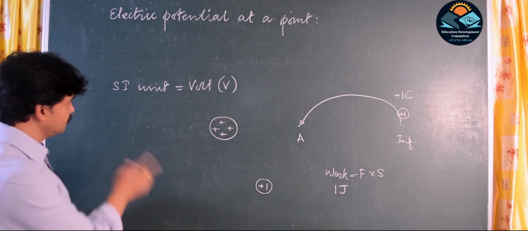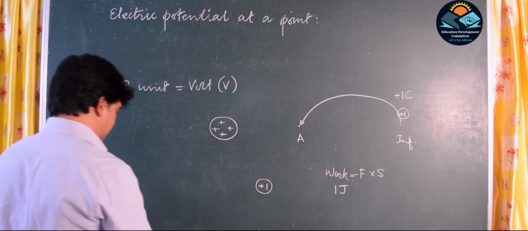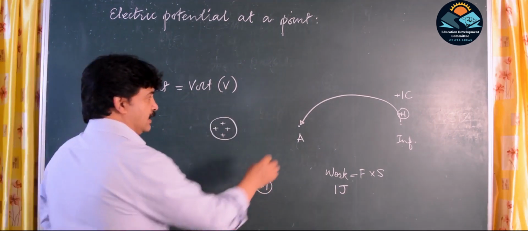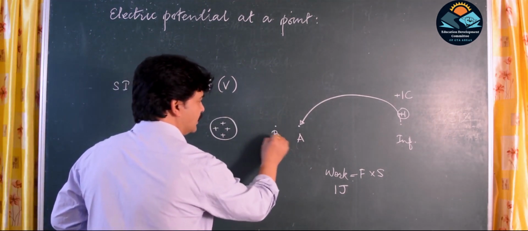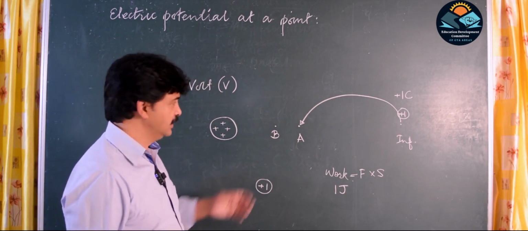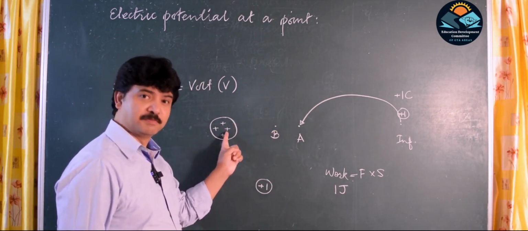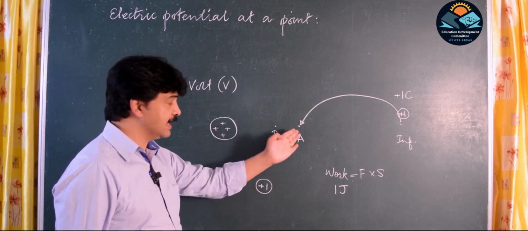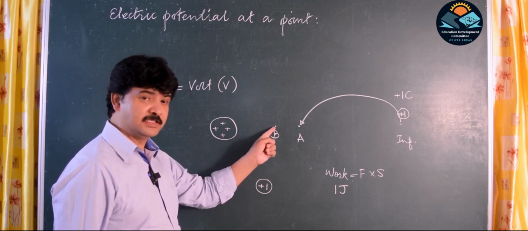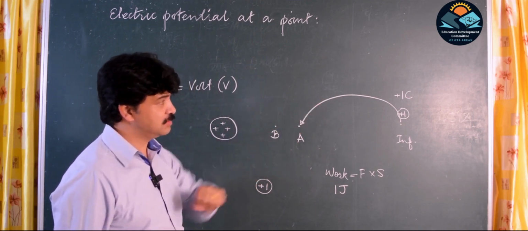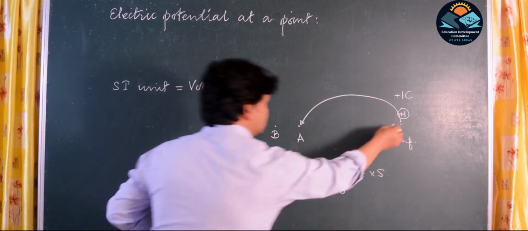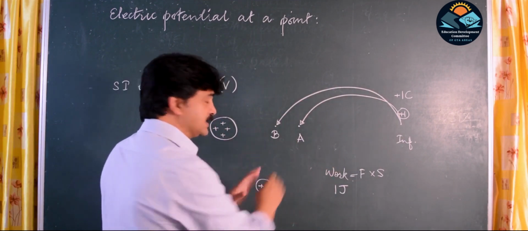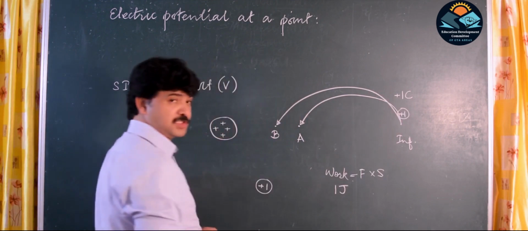Now with this, I want to show you another similar topic. Now let B be another point which is closer to the charged body. So what will be the potential at the point B? It's like A, isn't it? Potential at the point B means the total work done in carrying a unit positive charge from infinity to the point B. So in both the cases, you are carrying 1 Coulomb charge, isn't it?